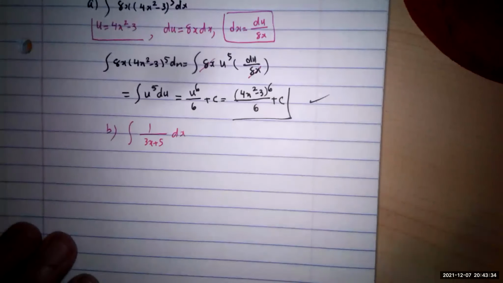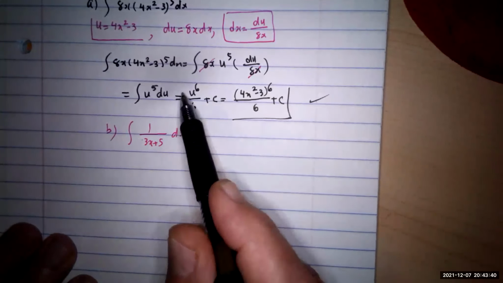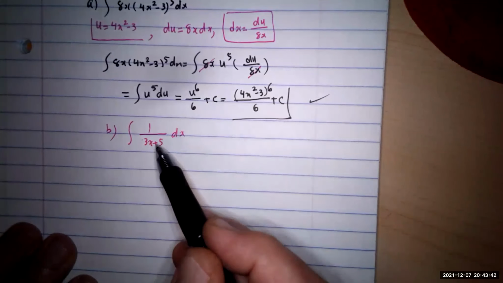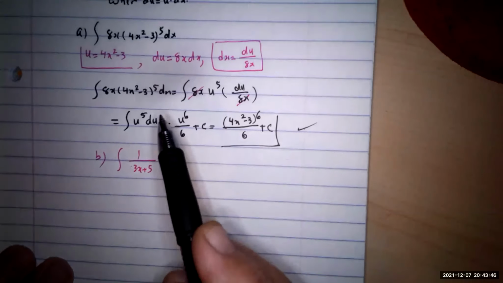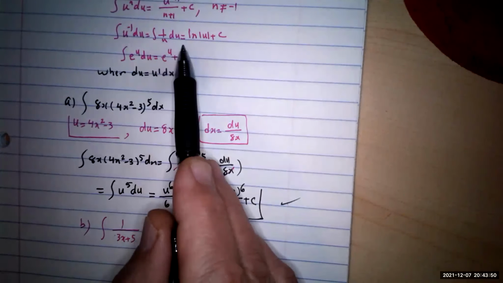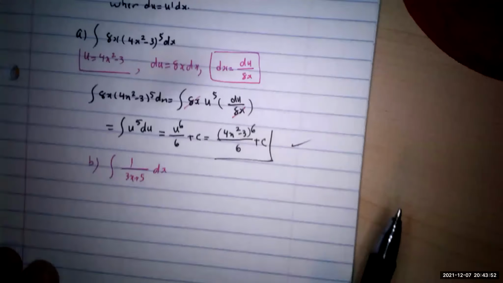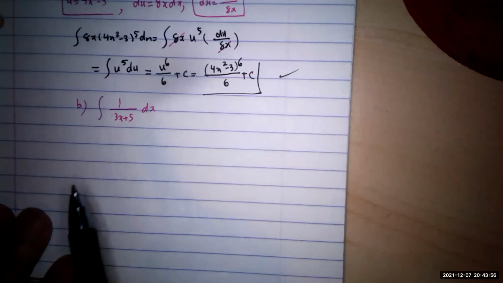When it's a rational function, you look at the bottom. If there is a parenthesis raised to something, you move it up. Otherwise, you stay where you are.